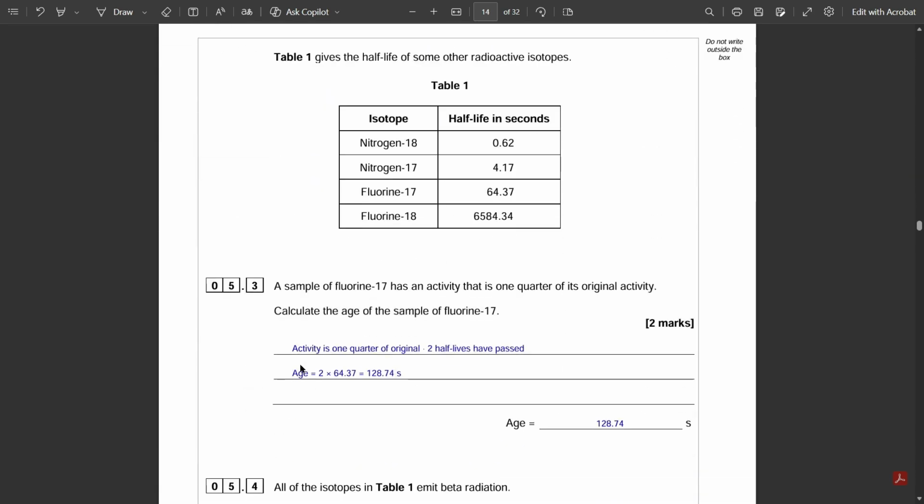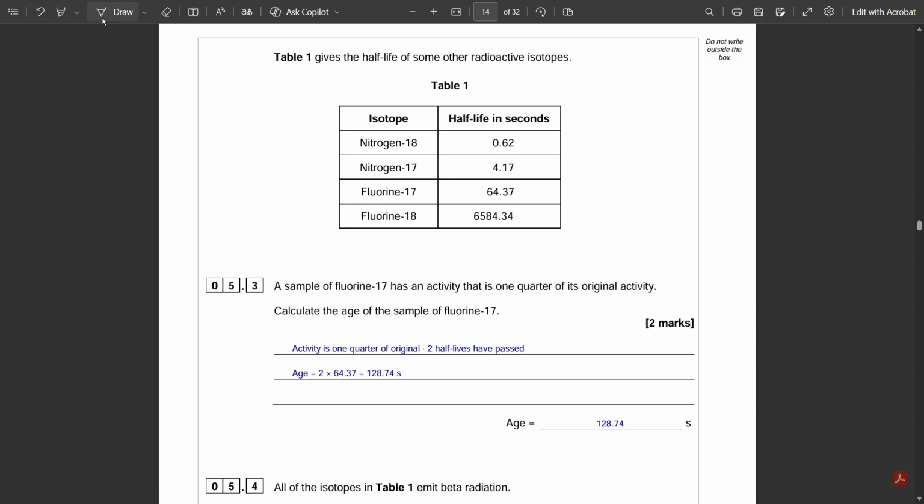And then table 1 gives the half-life of some other radioactive isotopes. A sample of fluorine-17 has an activity that is 1/4 of its original activity. And we're meant to calculate the age of the sample of fluorine-17. Well, the activity is 1/4, so that means 2 half-lives have passed, because it's halved to a half, and then that half has halved again to a quarter.